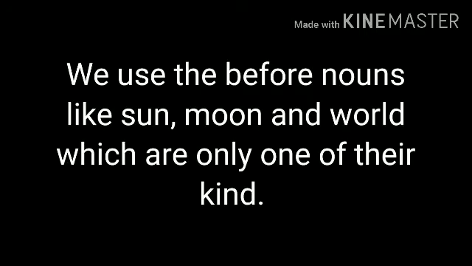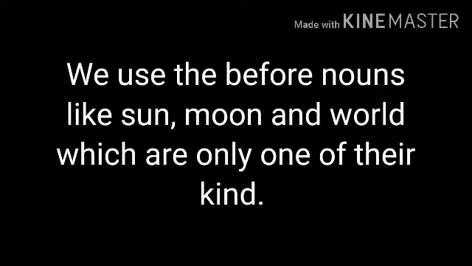One more thing you should know, the usage of the definite article the, okay children. We use the before nouns like sun, moon and world, which are only one of their kind, okay children. Why are we using the before these? Because there is only one sun, isn't it? Are there two suns? No, isn't it? We have only one sun and one moon. Are there so many moons? No, isn't it?